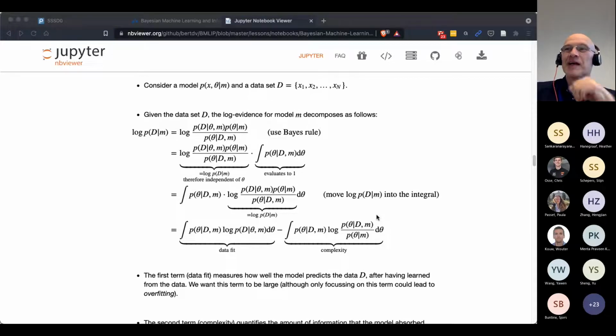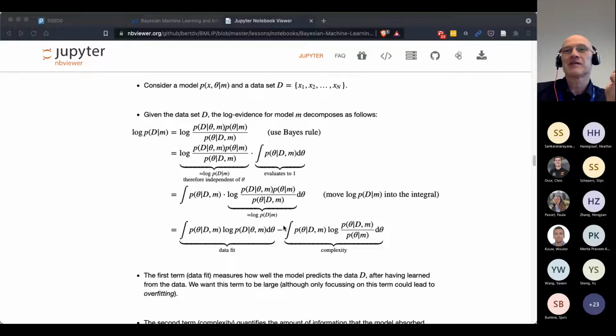But you can think of this as a distance measure between the prior for the parameters and the posterior for the parameters. Right here, you see in the denominator, this is what I knew, my state of knowledge about the parameters before learning, and this is after learning. This whole thing is called the KL divergence.